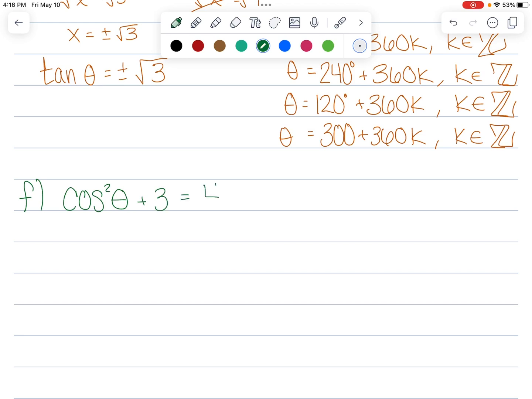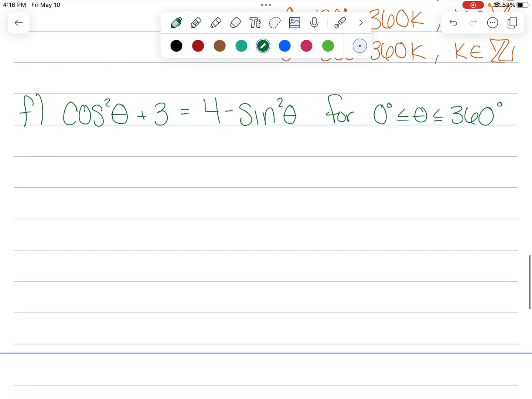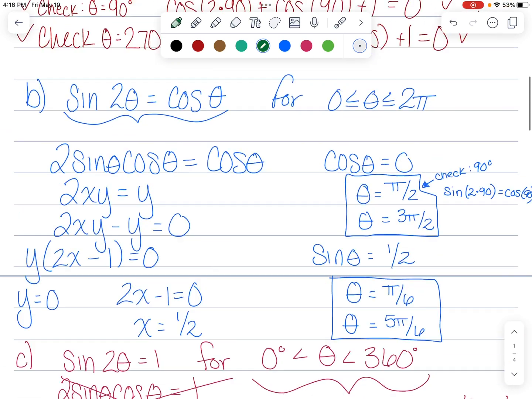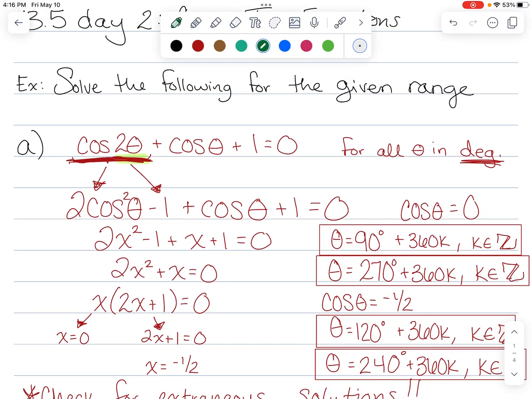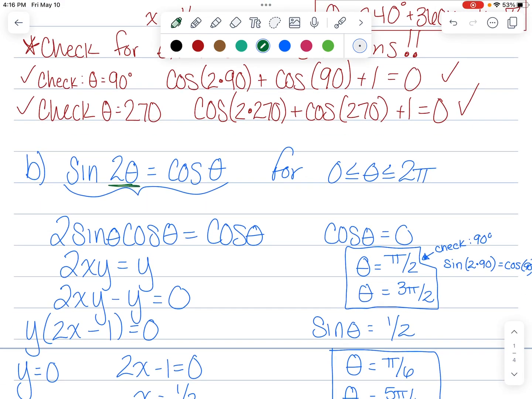So cosine squared theta plus 3 equals 4 minus sine squared theta, for theta between 0 and 360 degrees. So far as we've been going through the problems, when it comes to dealing with these ones that you're going to use an identity on, I've kind of told you, generally speaking, it's going to be one where the angle's going to be something different, like this 2 theta here, this 2 theta here.